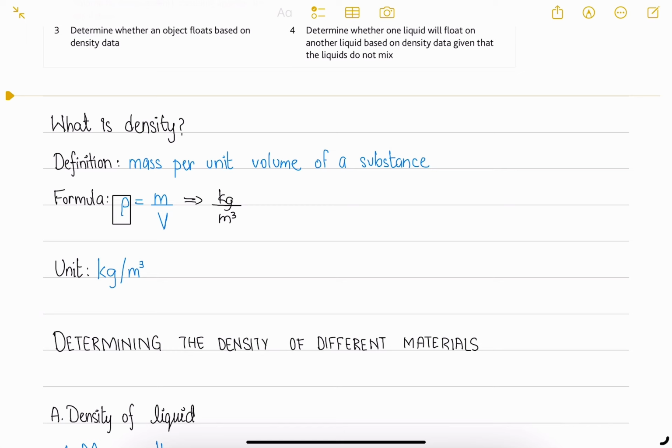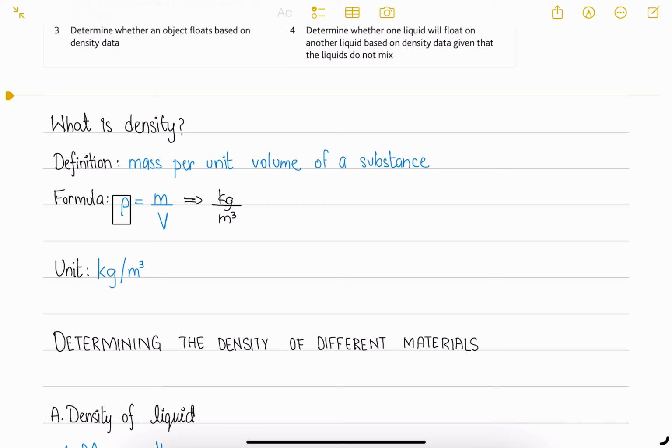In one glass you add water, and in another glass you add juice, the glass with the juice will be a bit heavier compared to the glass with water. That means that the juice has a greater density because in the same volume there is a higher amount of mass.